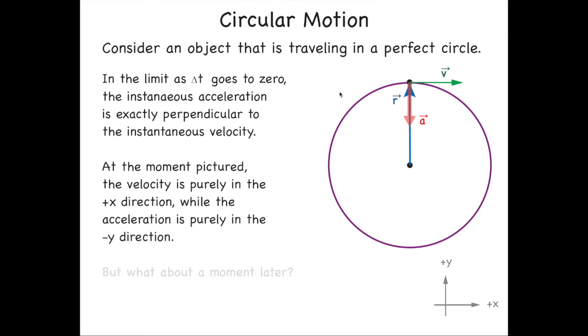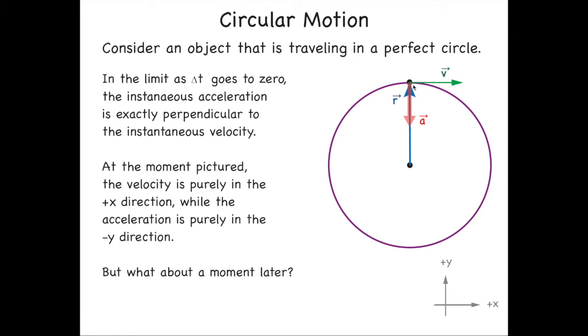So at the moment that's pictured, the velocity is purely in the x direction, right? And the acceleration is purely in the y direction. But what about if we consider a moment later? Right?